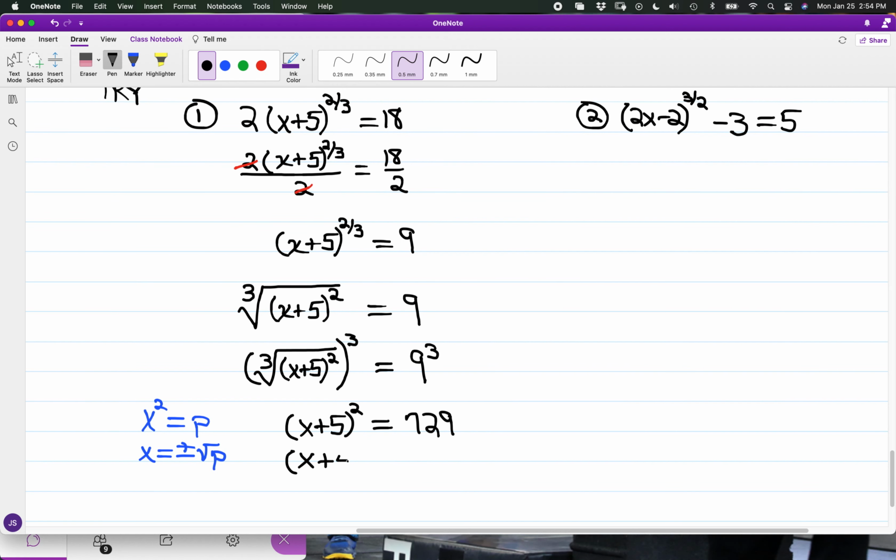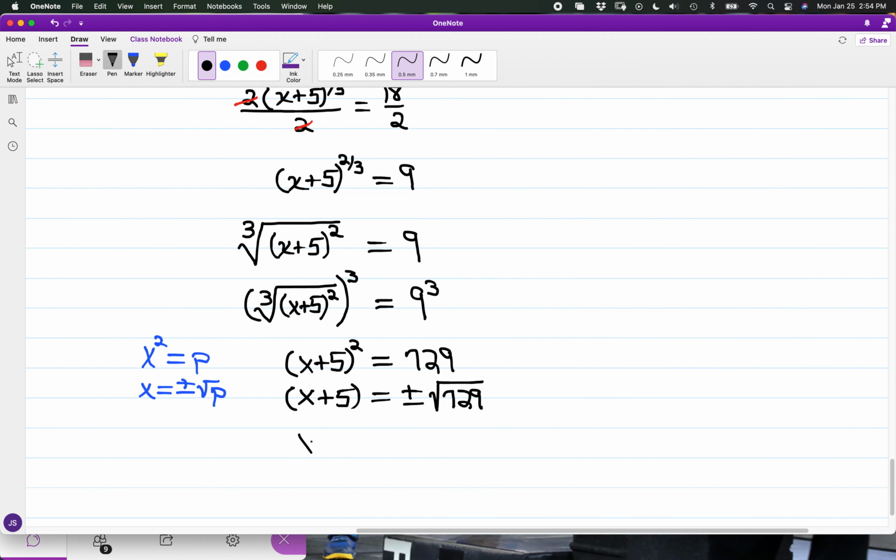I can go from 2nd to 1st order in x plus 5, and for plus or minus the square root of p, we have plus or minus the square root of 729. So x plus 5 is equal to plus or minus, and let me just mention, 729 is like 27 times 27, so you're looking at the square root of 27 squared.